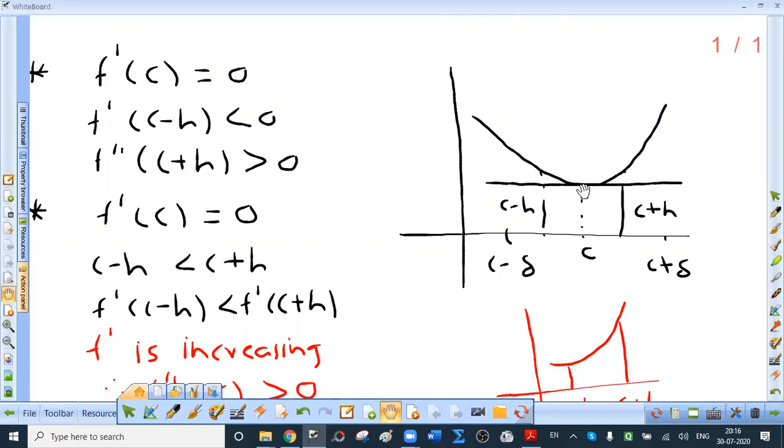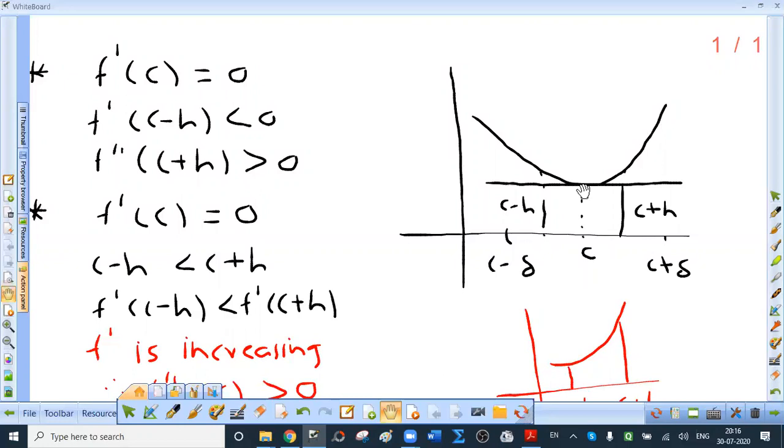I'm considering a very small interval. So in that neighborhood, I can definitely say that the function has a minimum value, and therefore we have to use the word local minimum. And in the previous case, local maximum, not global, local, not the greatest value, local maximum. So in this case, local minimum.